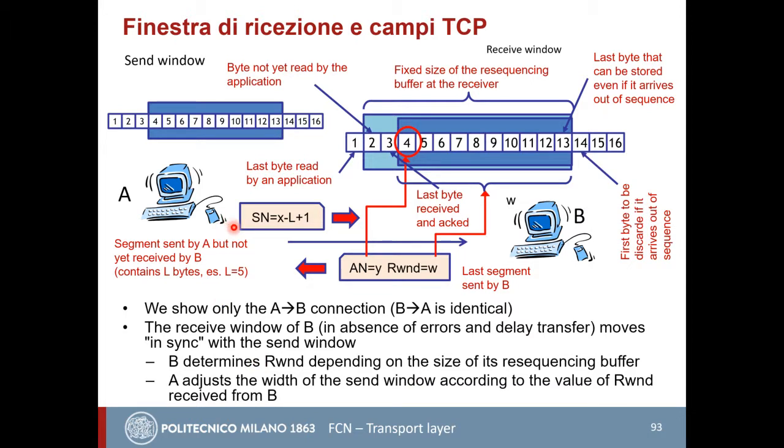So this picture represents the case in which this last packet, the segment, has been sent by A but not yet received by B. In fact, you see that here you have another set of bytes, in this case 5 bytes, and this packet is still in flight, so it is not yet received. Okay.